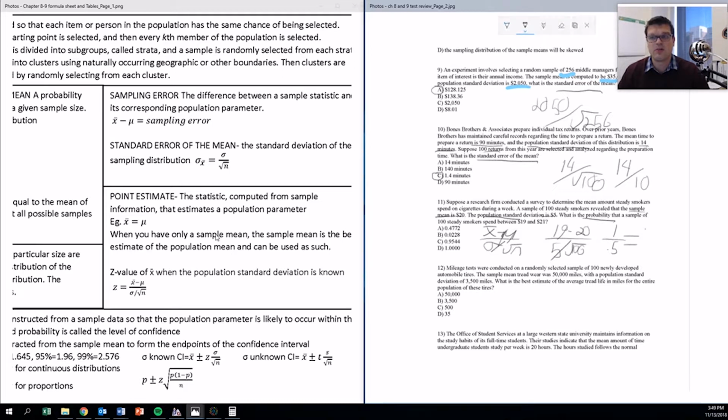So 1 divided by 0.5 equals 2. So that is the z-score, because this gives you the z-score.